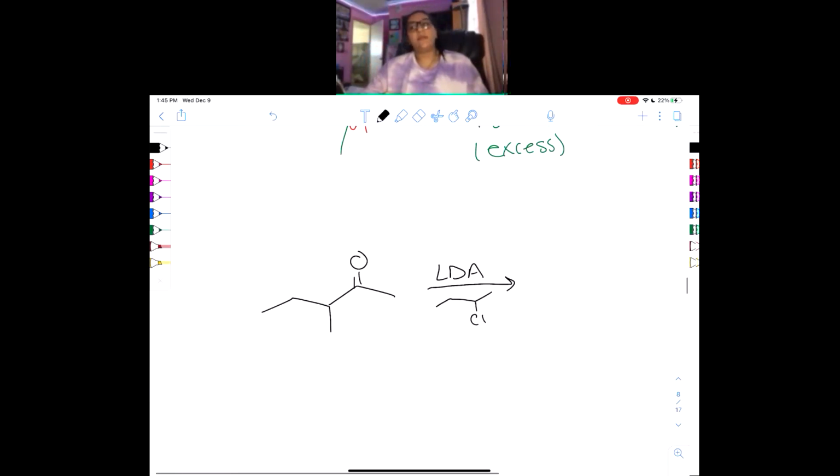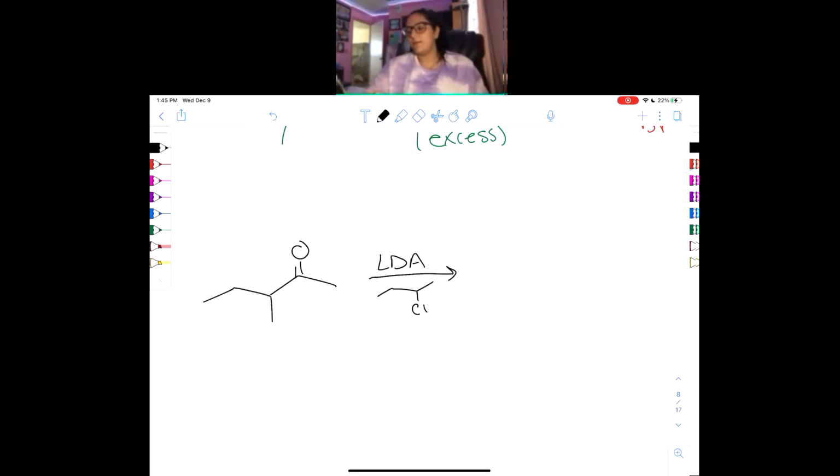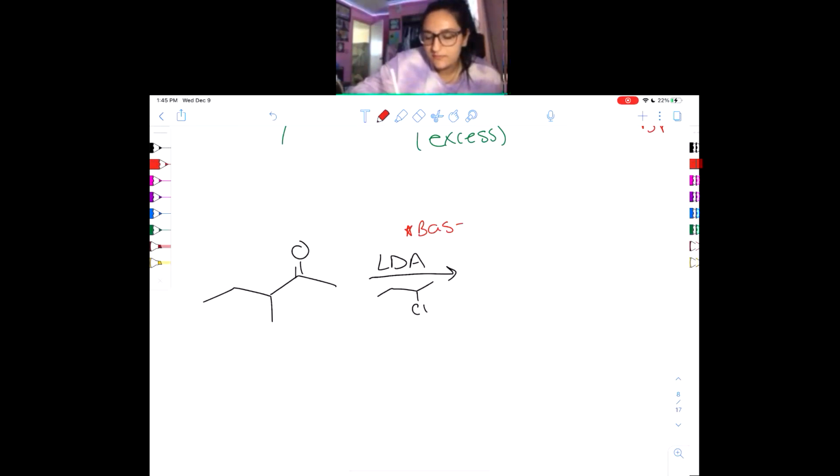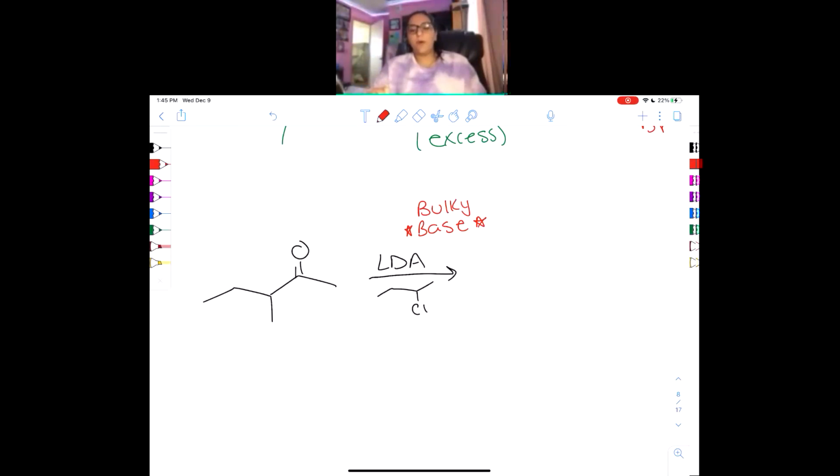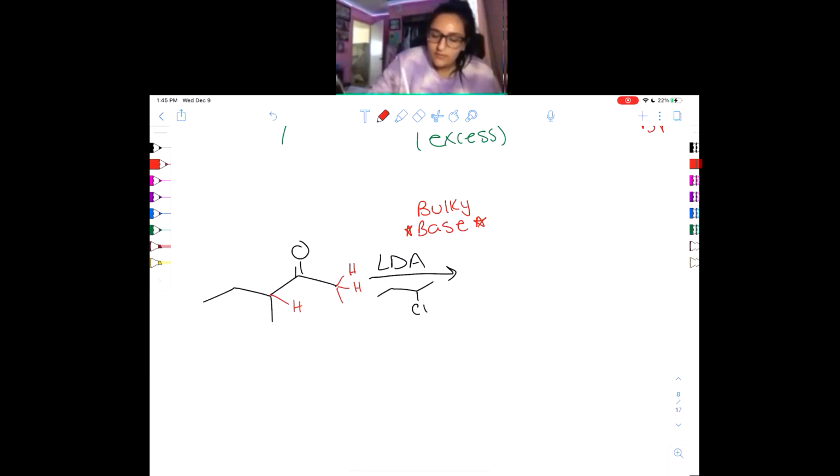All right. Someone remind me, what is LDA? It is a base, but why is it special? Because it's a bulky base. Exactly. The bulky base means that even though alpha 1 is the more stable way to go, we cannot steal that hydrogen because the base is too bulky.